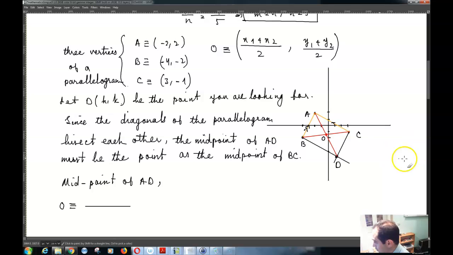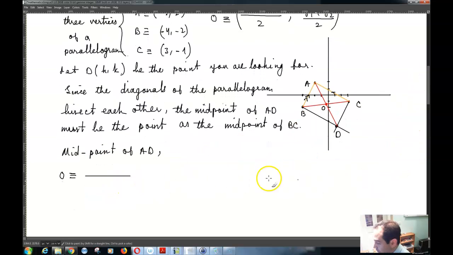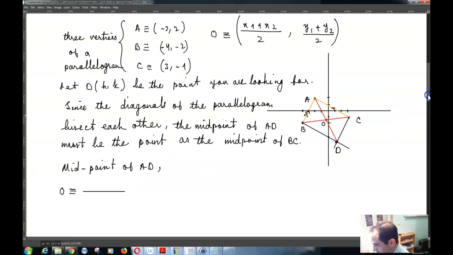So I have points A and D. The coordinates of the point A are negative 2 comma 2, and the coordinates of the point D are h comma k.